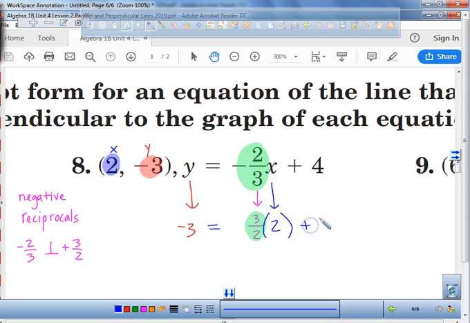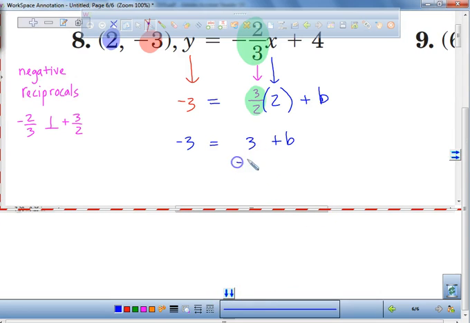And then what I need to find is my new y-intercept. So I'm going to put b, because we're doing this in the form y equals mx plus b, slope-intercept form. So right now I have negative 3 equals 2 times 3 is 6, divided by 2 gives me a 3, plus b. If I take away 3 from this side and take away 3 from this side to solve for b, that zeroes out.